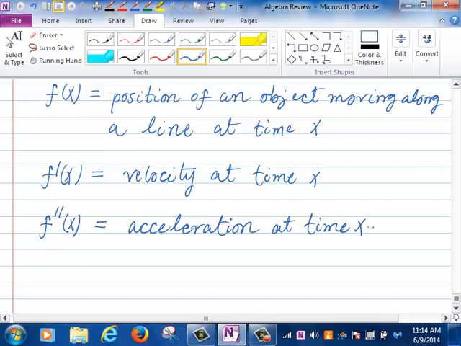Now if you take the derivative of the velocity function, then you get the acceleration at x, because the definition of acceleration is the rate of change of velocity. Is that making sense? So no matter what the function f is, the derivative tells you the instantaneous rate of change of f with respect to x. Is everybody okay with that?